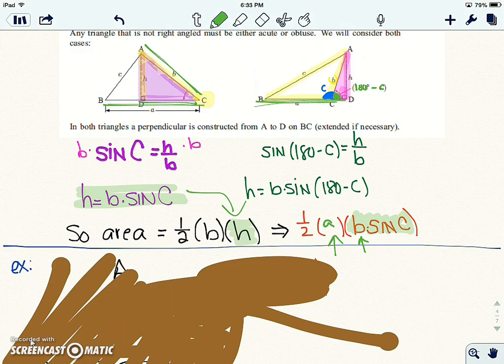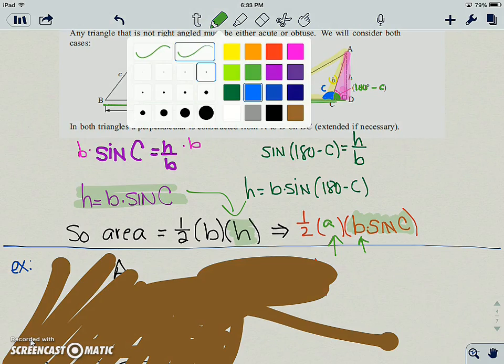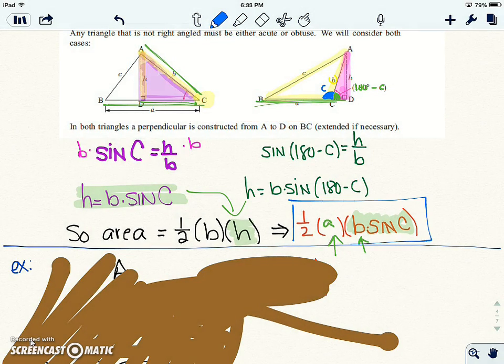So using the trig functions, we are just solving for our missing h, plugging it into the original formula, and that's how we get the new formula.